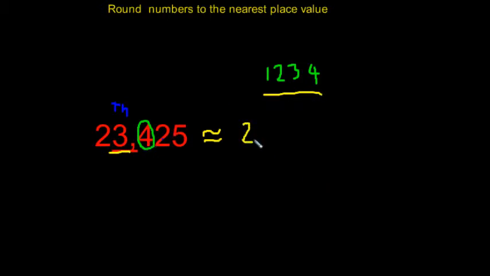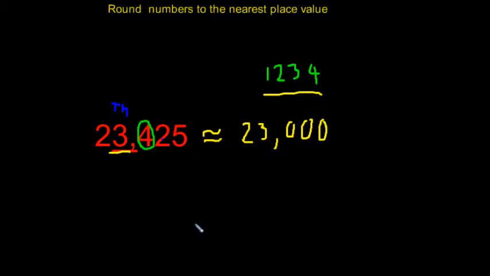So we have 23,000, and the other 3 numbers become 0. 4 becomes 0, 3 becomes 0, and 5 becomes 0. So the answer is 23,000.